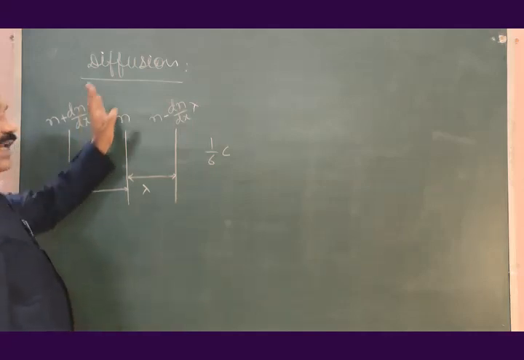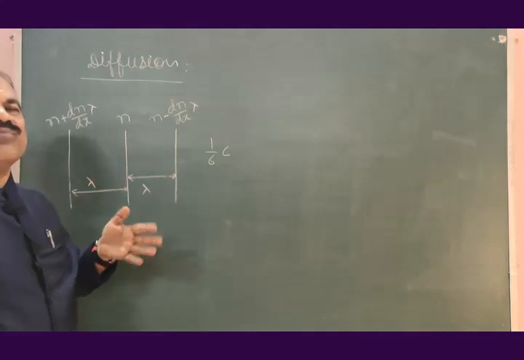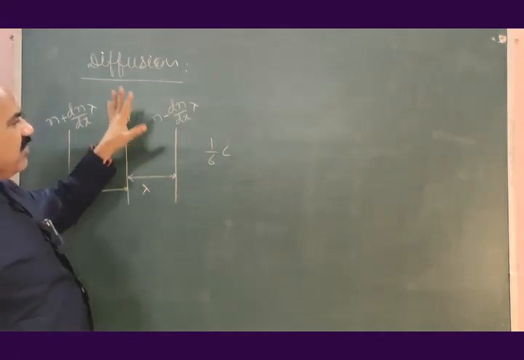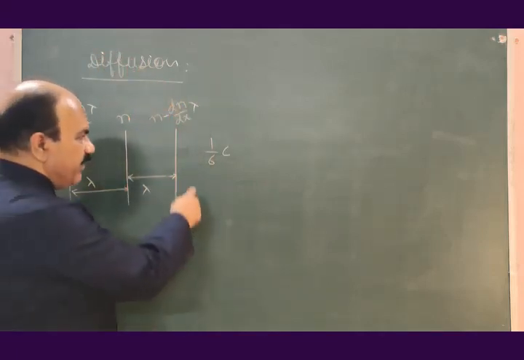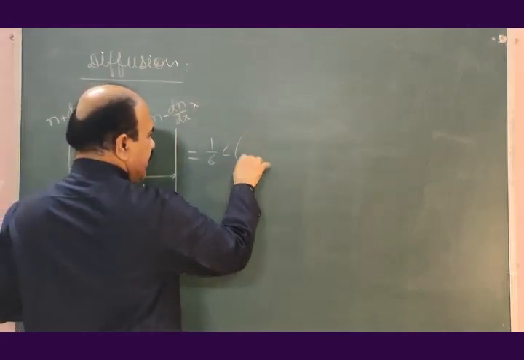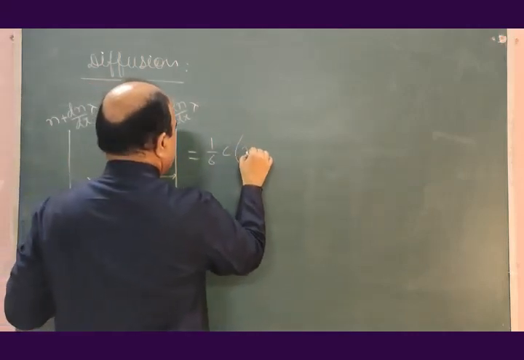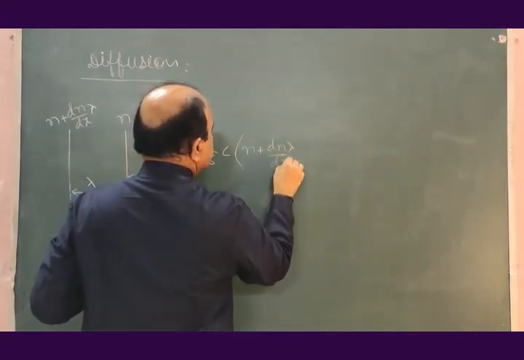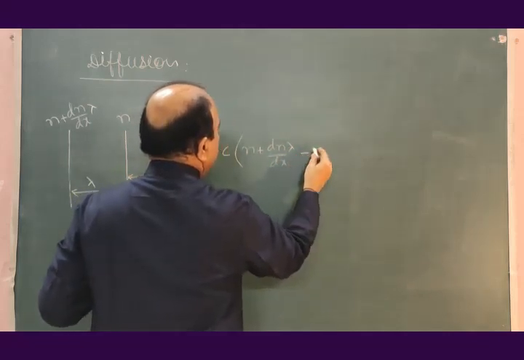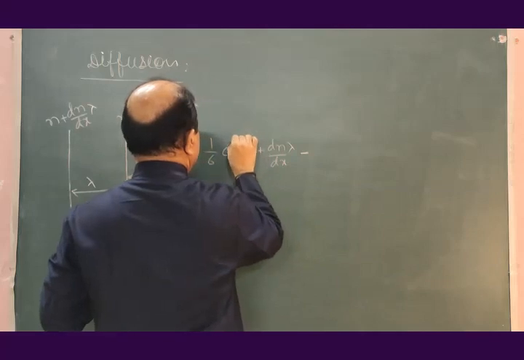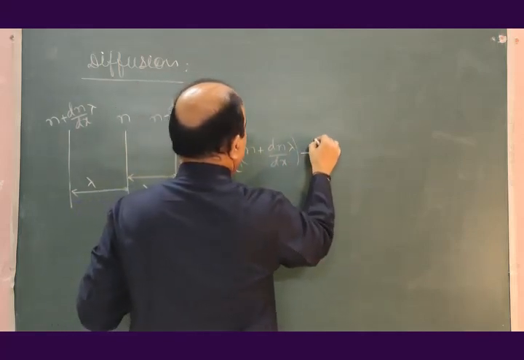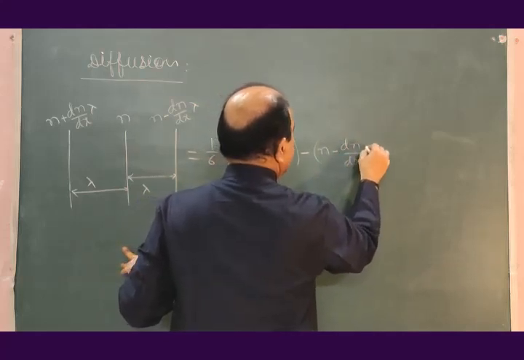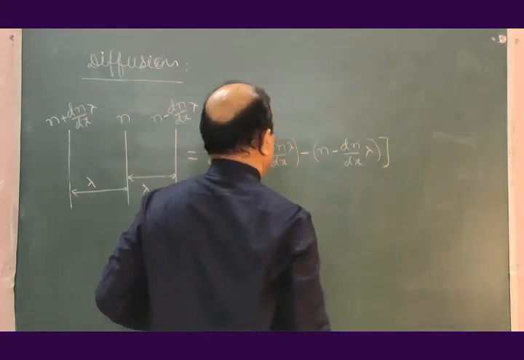And therefore, the net number of molecules transported from higher concentration level to lower concentration level will be 1 by 6 c times n plus dn by dx into lambda minus n minus dn by dx into lambda.